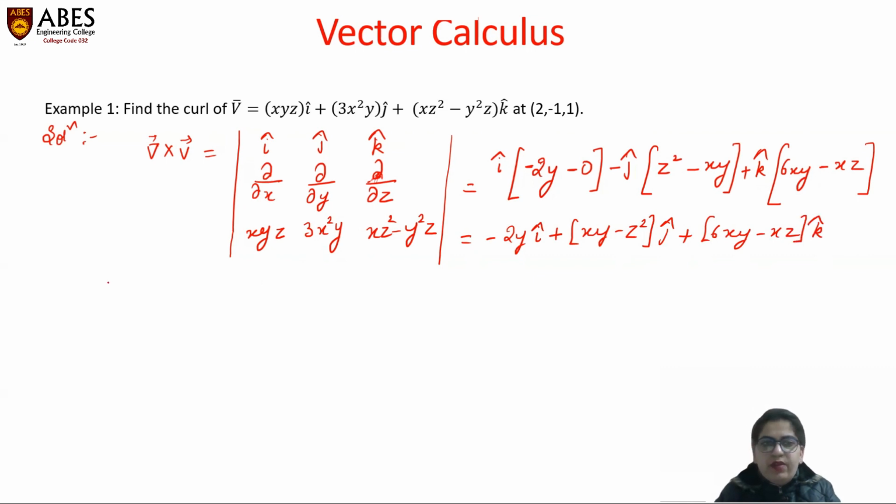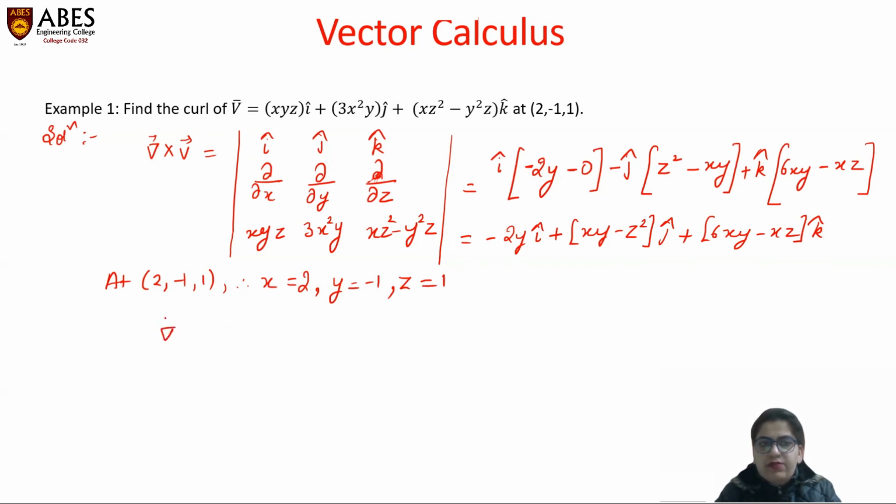Now you have to calculate this value at the point 2, -1 and 1. Therefore, x will be replaced by 2, y will be replaced by -1, and z will be replaced by 1.